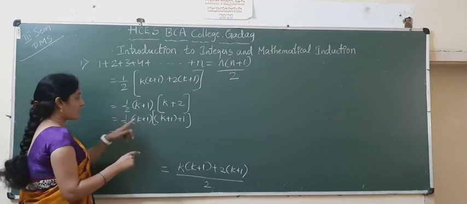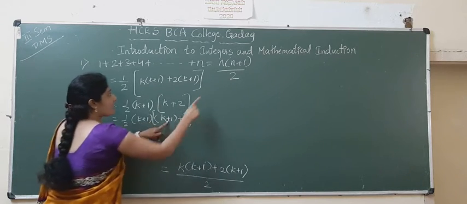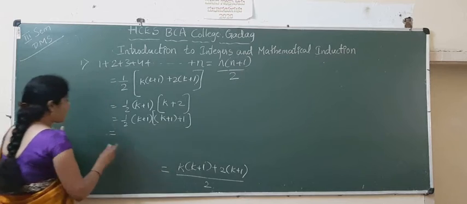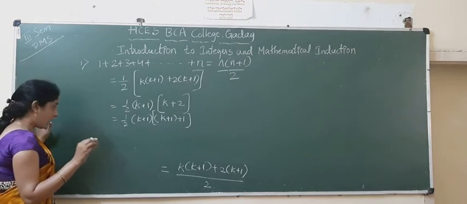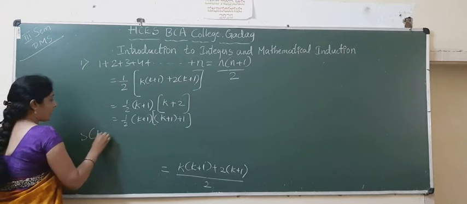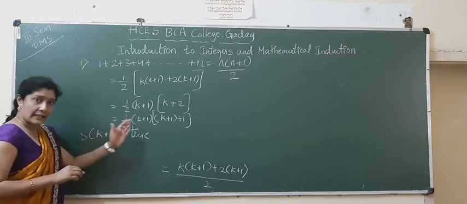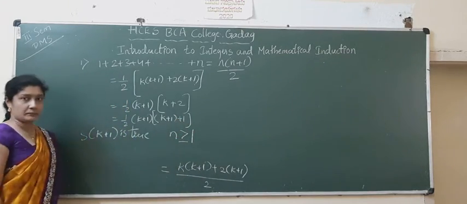Now compare these two. 1 by 2, n, there is k plus 1. Next, n plus 1, nothing but k plus 1 plus 1. So, this is how the second condition is also satisfied. That means S of k plus 1 is true for all the integers n greater than or equal to 1.